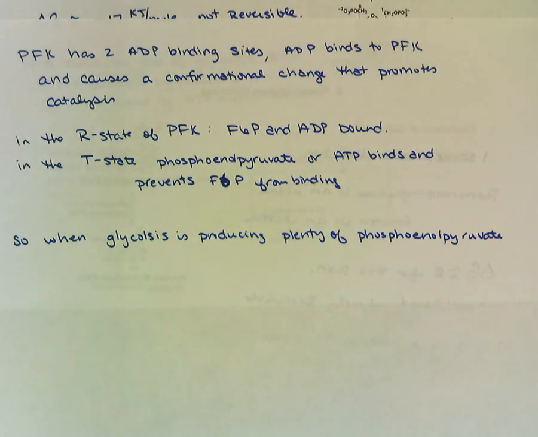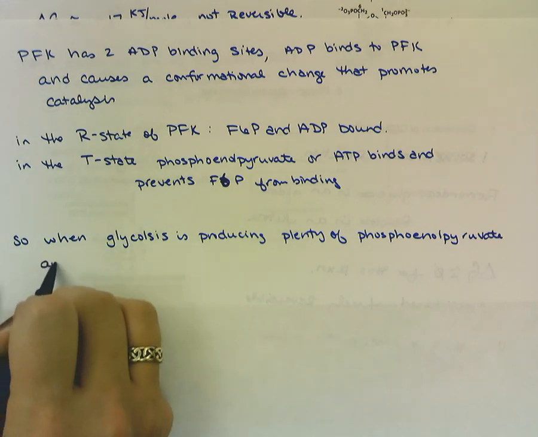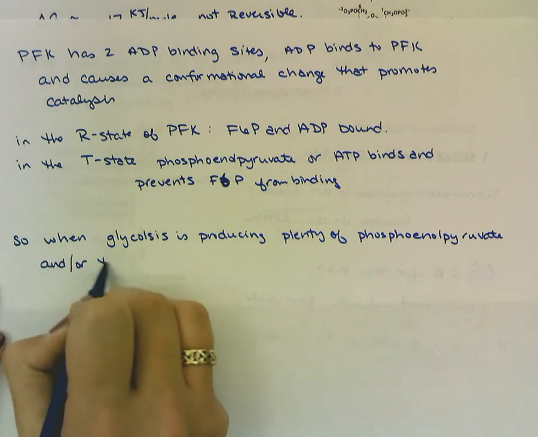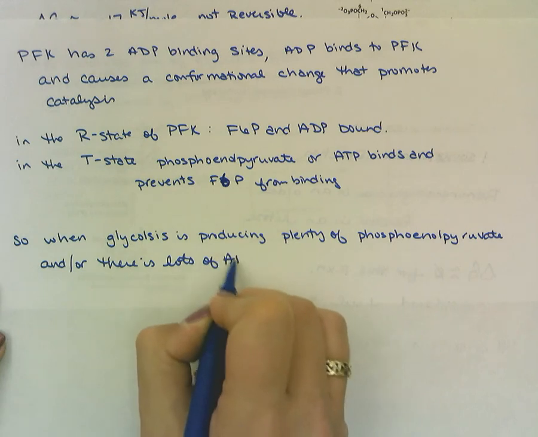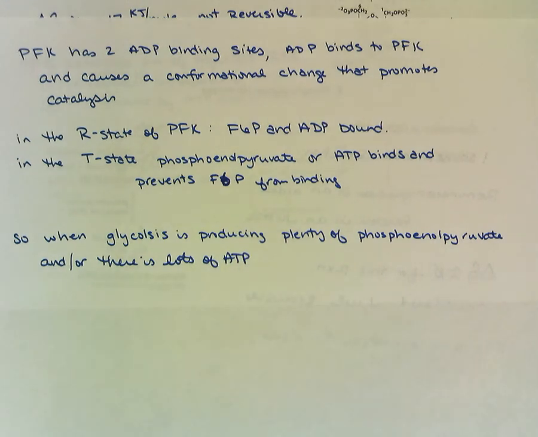So, when glycolysis is already producing plenty of phosphoenolpyruvate, which is the step just before the end, and/or there's already a lot of ATP in your system, right? Because one of the main things for glycolysis is to make ATP.